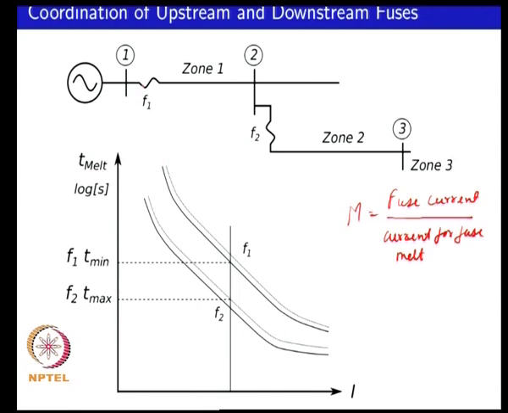So, that is essentially the requirement for a coordination between an upstream and a downstream fuse. So, you can now define in case of an upstream and downstream fuse, if you have a fault, say, in zone 2, then the fuse that is actually protecting is actually F2. So, F2 might be called the protecting fuse.